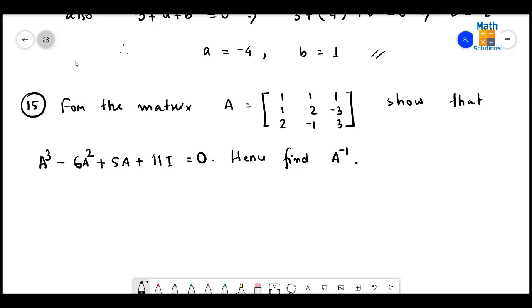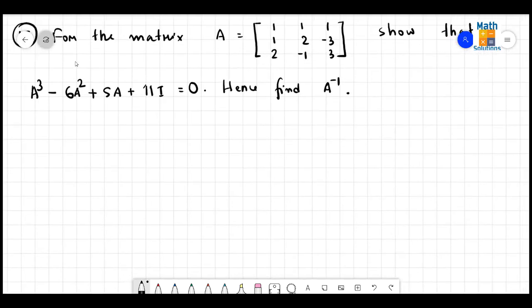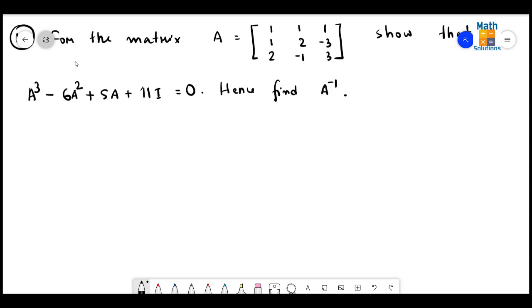Again, there are two parts here. This question is similar to question number 13, so in the same way we shall proceed. Given A is equal to 1 1 1, 1 2 minus 3, 2 minus 1 3.